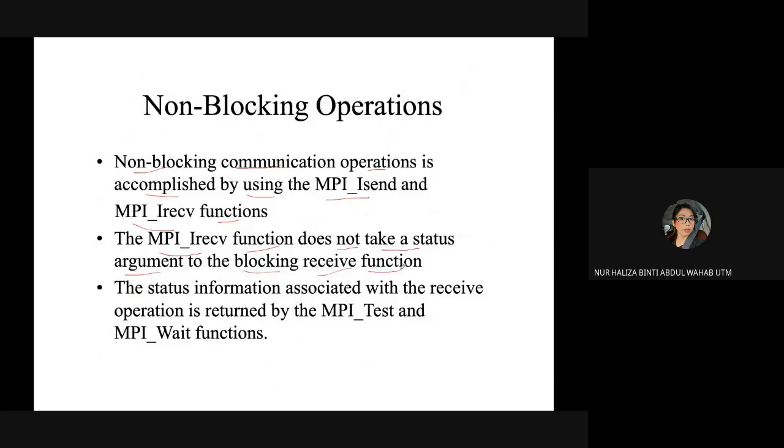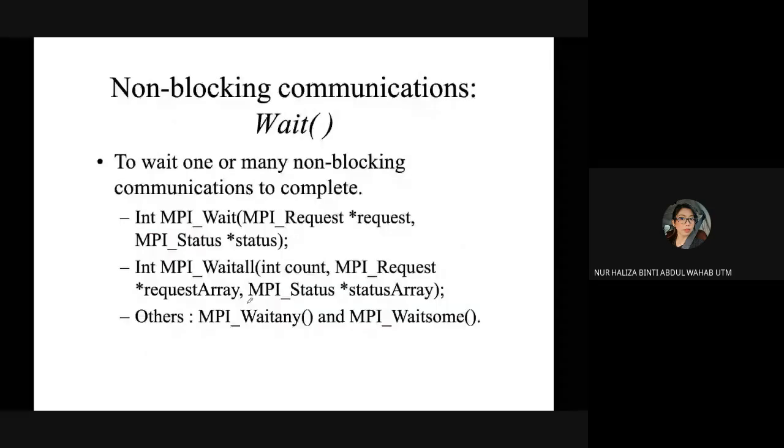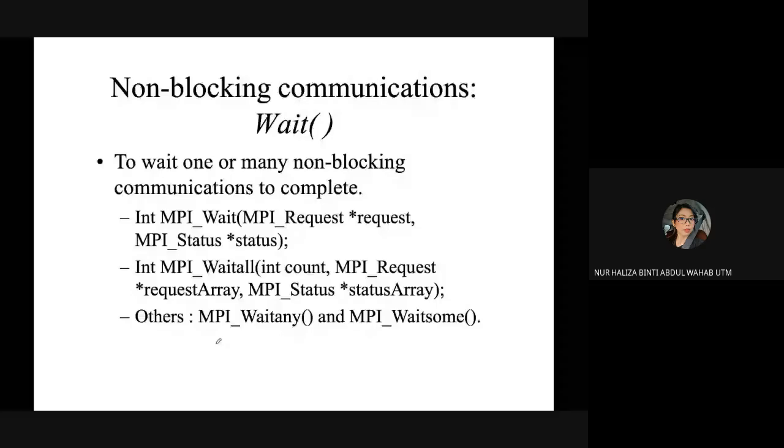The status information associated with the receive operation is written by the MPI_Test and MPI_Wait functions. Now you are going to look deeper into MPI_Test and MPI_Wait, what basically happens and how you are going to apply it in your source code.